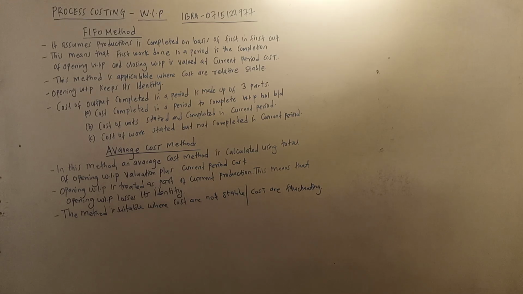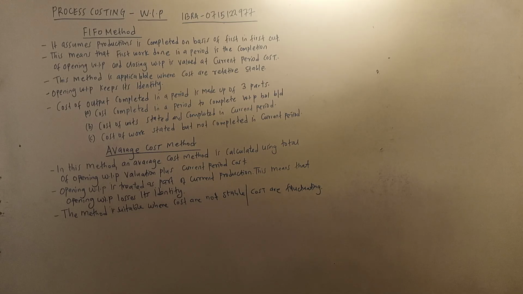We have two methods as we stated: the FIFO method and the average cost method. The FIFO method is based on the assumption that the production completed is the one that was first brought in.